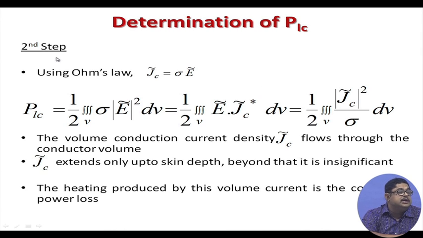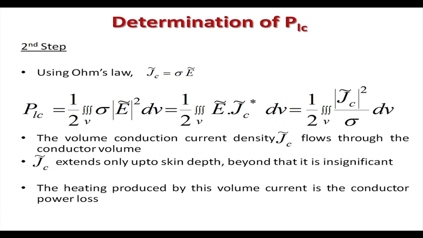Now, the second step is we will have to find the power loss. Power loss will be in two ways. One is conductor loss, another is dielectric loss. Dielectric loss is easy, as we will see later, but for conductor loss, where is the loss taking place in a conductor?